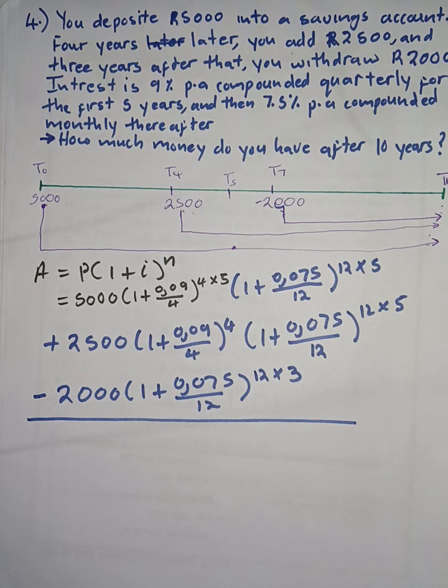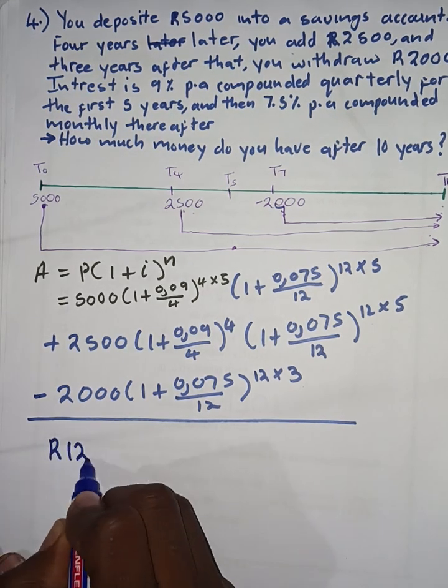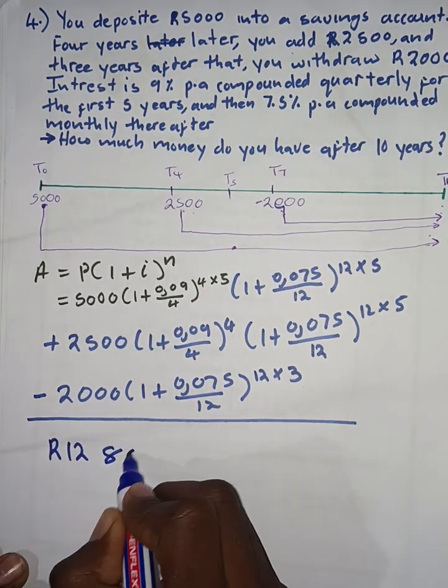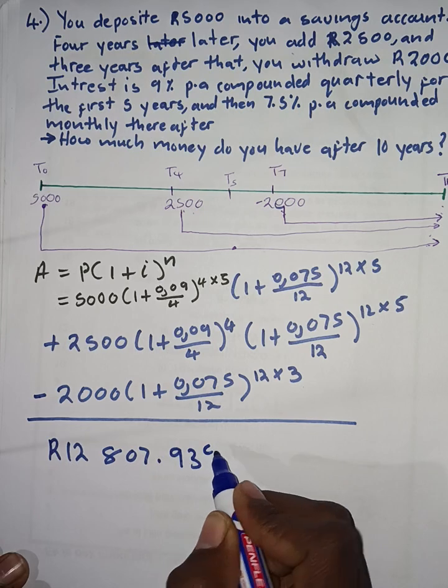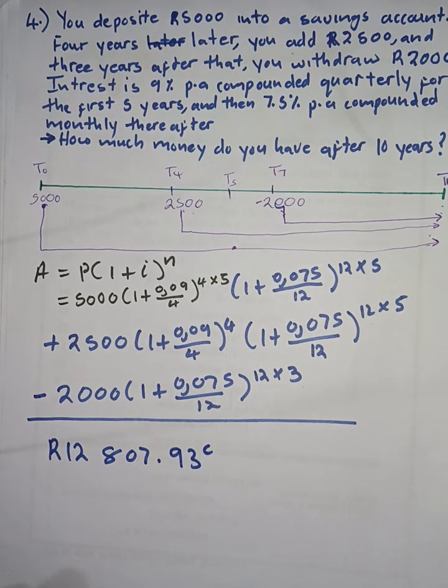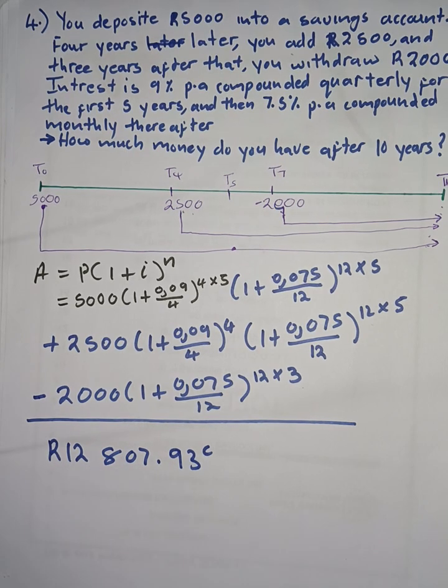And then I did it a second time, and I got the value of 12,807 and 7.93 cents. I did that again to see if it would match, and it gave me that same value.